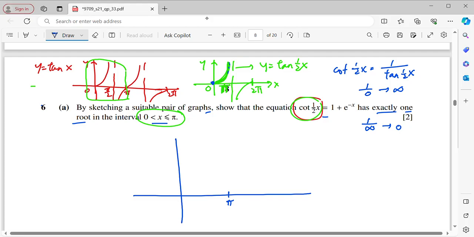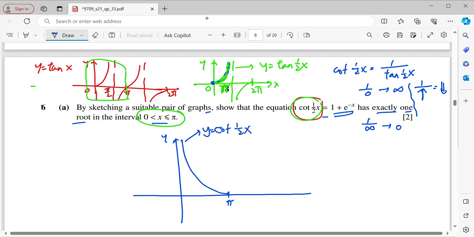Alright, or I would say this is increasing, so 1 over increasing, it will be decreasing. So which means now I will be getting this. Okay, so this is my cot half x.